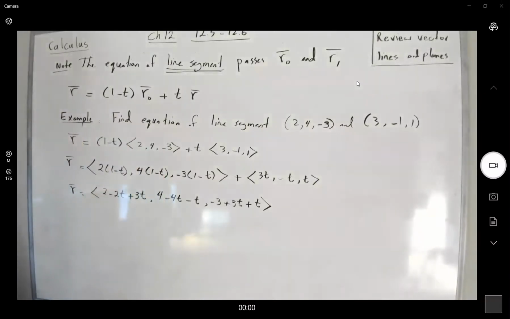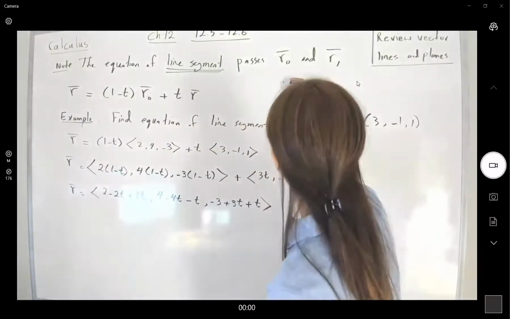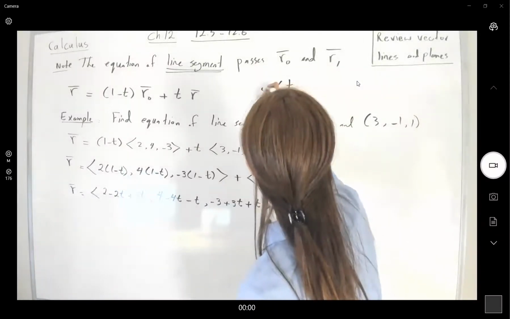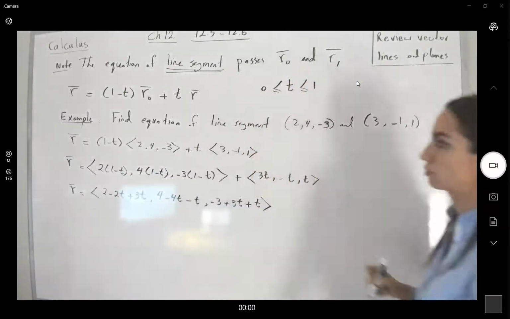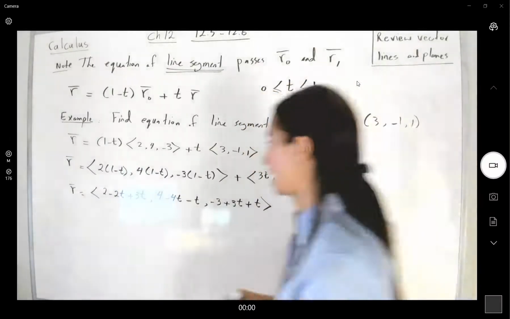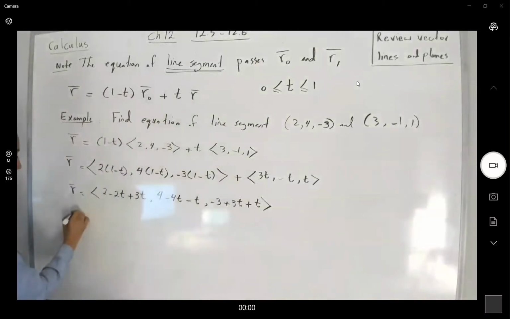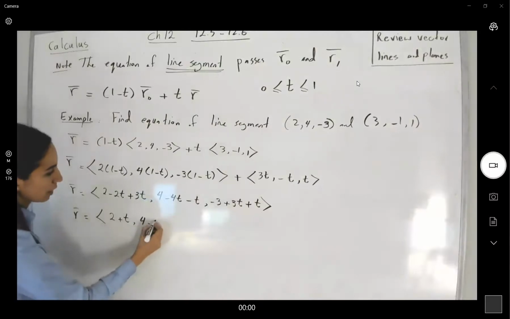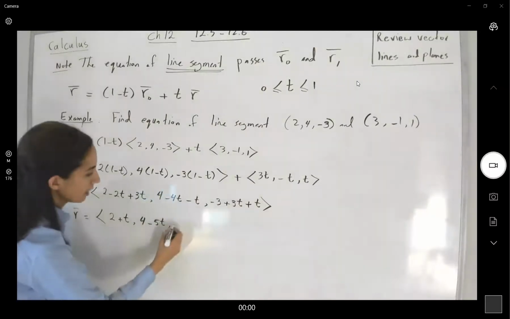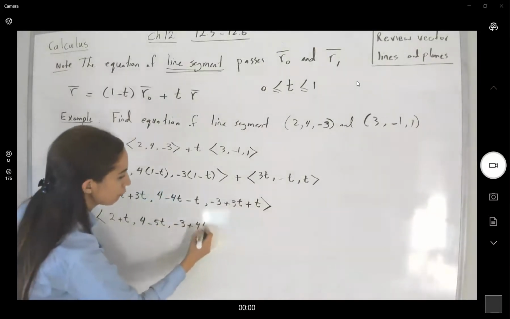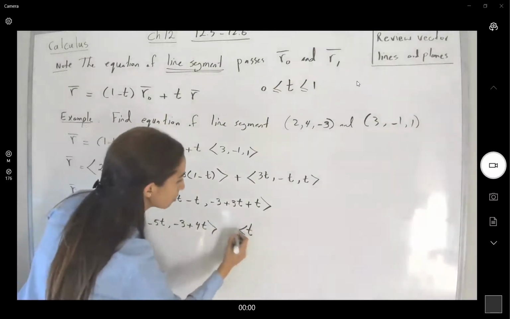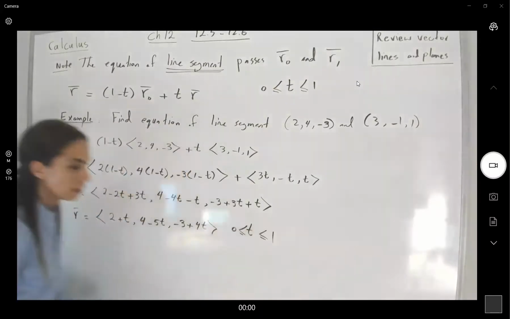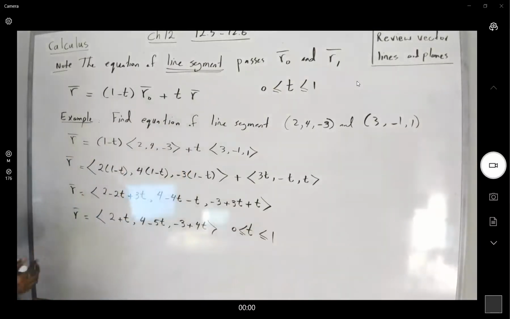And note that your t is bounded between 0 and 1, so we don't lose the initial point and the terminal point. So r, the line segment, is 2 plus t, 4 minus 5t, and negative 3 plus 4t, and t is bounded between 0 and 1. Equation of your line segment.